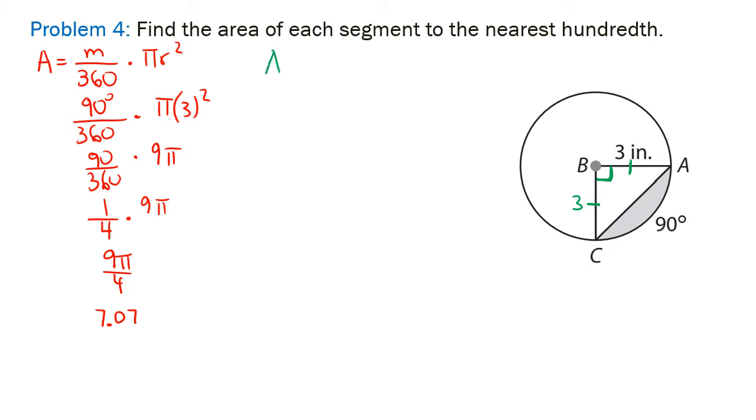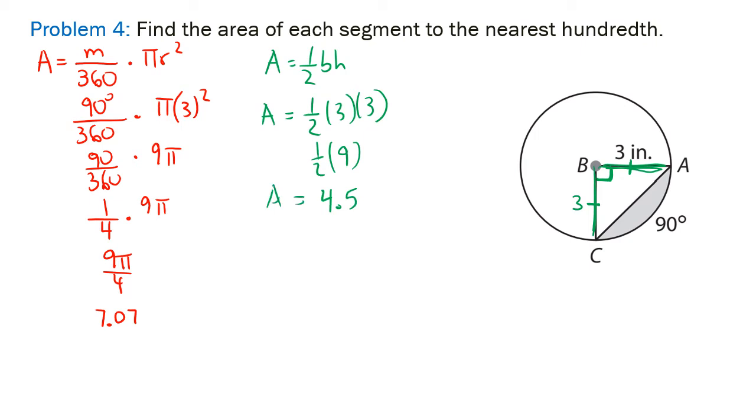So we're going to find the area of the triangle: 1/2 base times height. So we have 1/2 times 3 times 3. Once again, this is your height, this is your base, or vice versa, doesn't matter. 3 times 3 is 9 times 1/2, so 4.5.